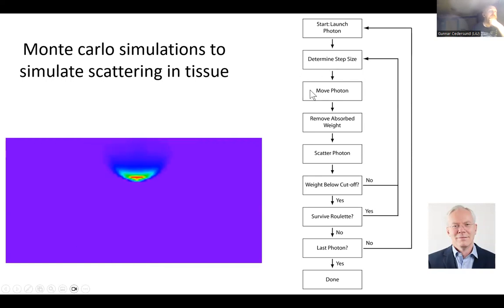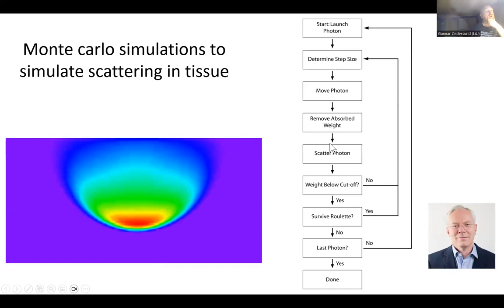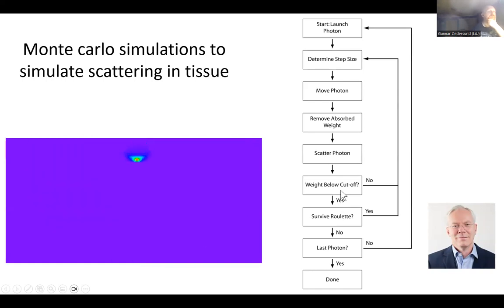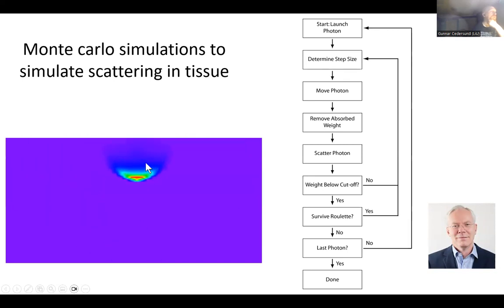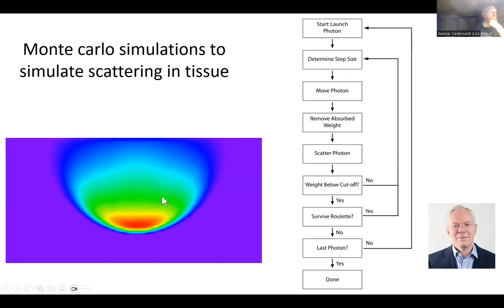And some of you might even have learned about these types of models, which basically describe a series of steps where you move the photon and you have a scattering step, and then you have some stochastic decisions here, which means that you simulate many times individual photons that each time does something new, because it's a stochastic process.